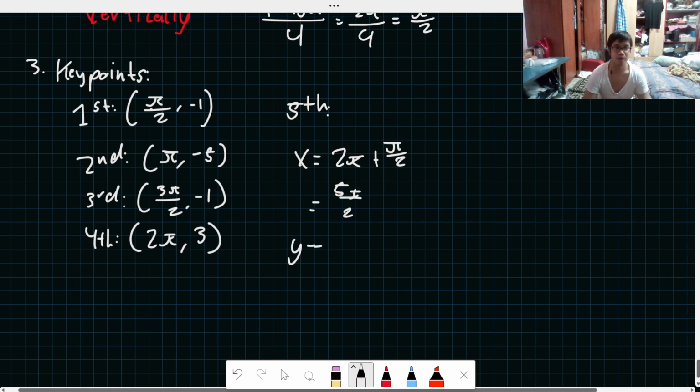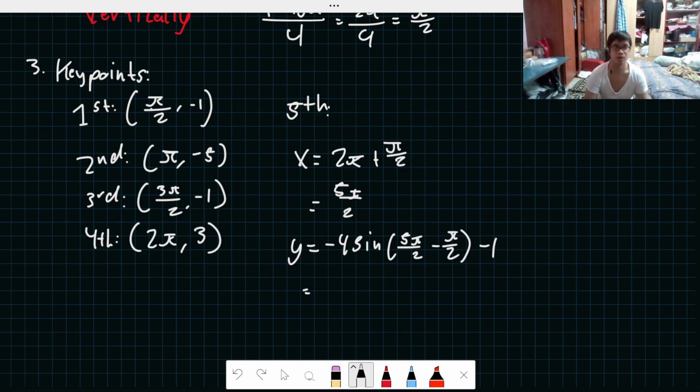Now find your y value. You have negative 4 times sine of 5 pi all over 2 minus pi all over 2 minus 1. So this one, 5 pi all over 2 minus pi all over 2, that's the same as 5 minus 1 all over 2.